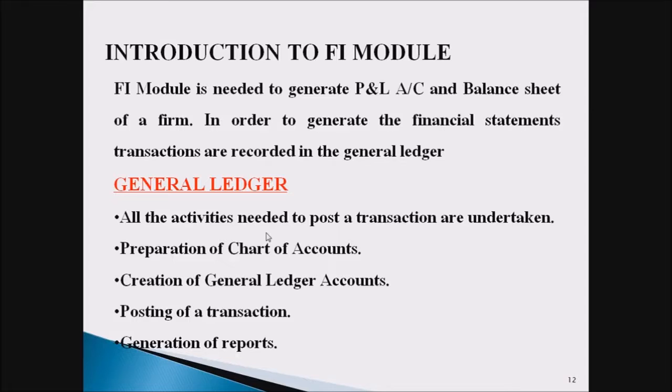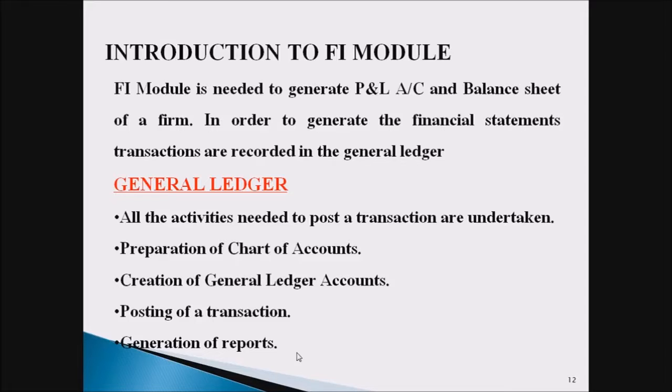That means my posting of a transaction is very much linked with the creation of general ledger accounts, and creation of general ledger accounts is very much linked with the preparation of chart of accounts. So unless and until I create my chart of accounts, I cannot create a general ledger account and I cannot go for posting of a transaction. So my initial activity in my GL starts with the creation of chart of accounts, then I go to the general ledger accounts, then I go for the posting of transactions, and based on the requirement, I can go ahead with generation of reports.